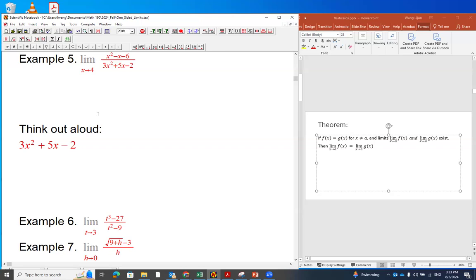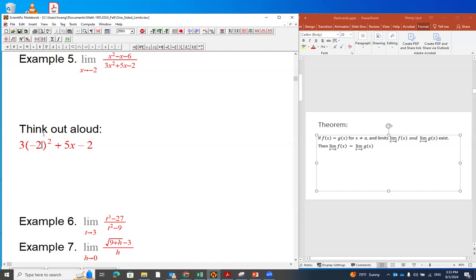Let me double check. Actually, you know what? I have just changed 4 to -2. Okay, I made a copy error. So from that, yes, the point of interest is -2. We want to check if -2 will make the denominator equal to 0.